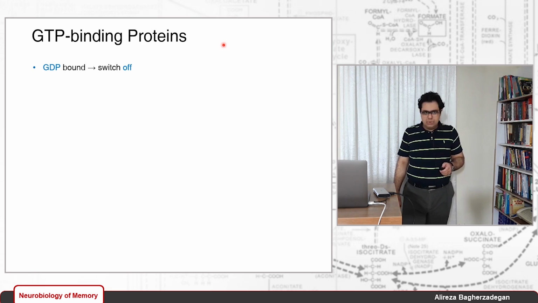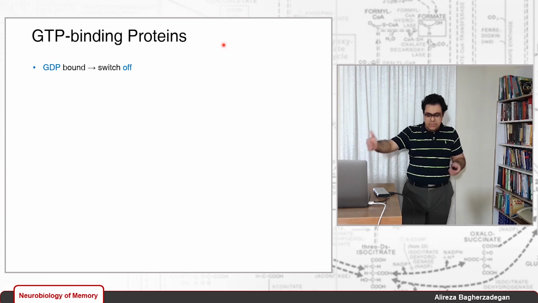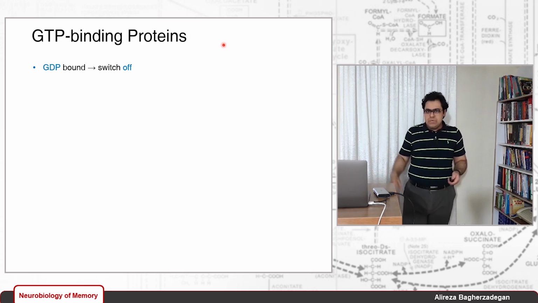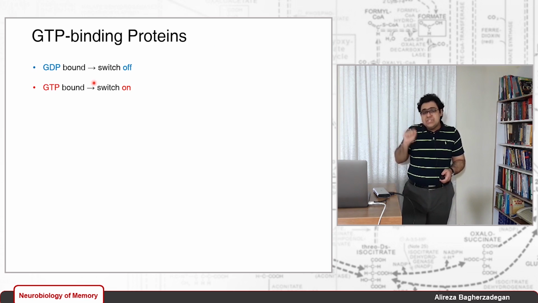And they're molecular switches. Let's see what we mean by a GTP-binding protein's on state and off state. When GDP, guanine diphosphate, which has only two phosphates, is bound, the G protein is switched off. It's not active. But when GTP, guanine triphosphate with three phosphates, is bound, it's switched on and it's active.